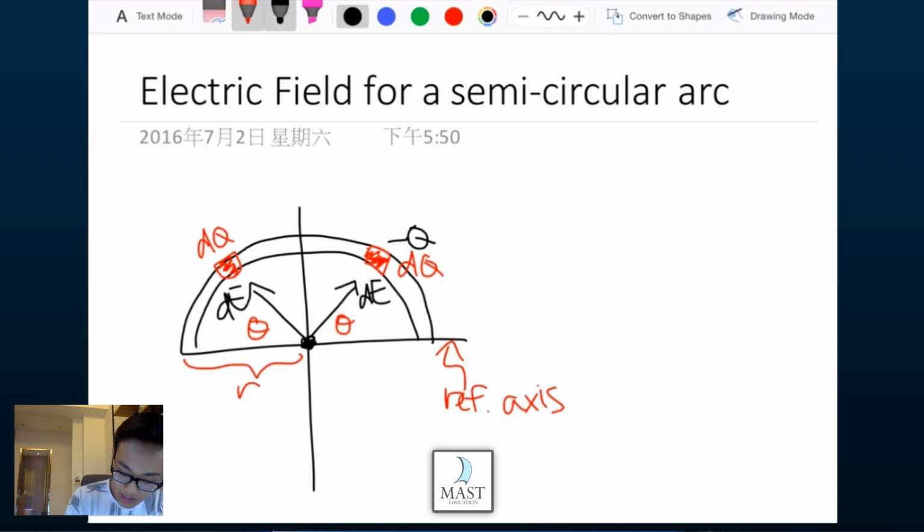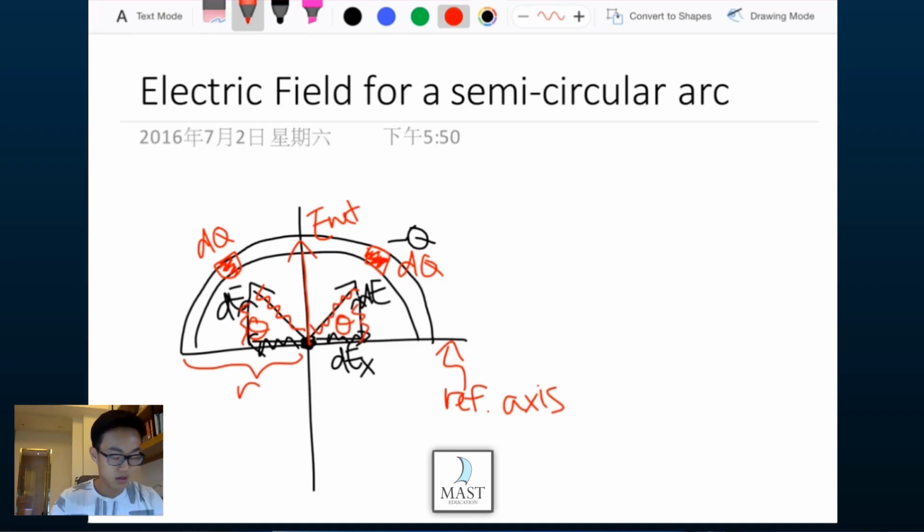So we can split this into dEx here and dEy here, right? So this would be dEx, and that would be dEx, and you'll see that these two will cancel. So in the end, we'll just end up with an electric field like that, and we'll just call that the E net. And all of this is gone.